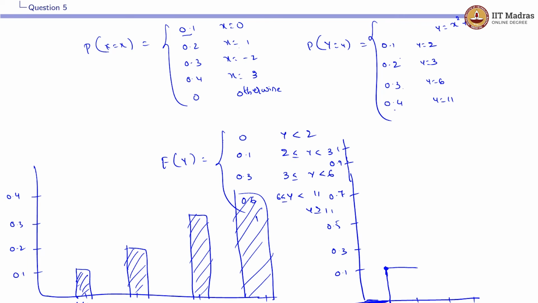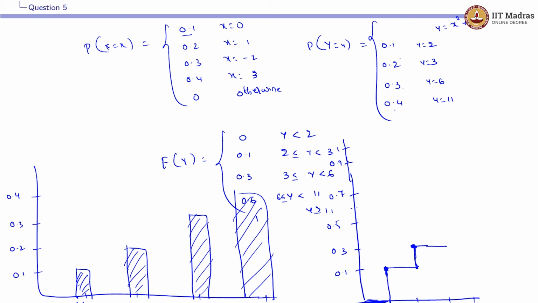So exactly at 3, there would be a jump. Exactly at y equals 3, the cumulative probability would be equal to 0.3. Until it is equal to 6, the value would be 0.3, and once we reach 6, the value would be equal to 0.6.